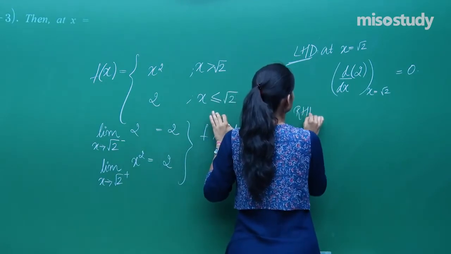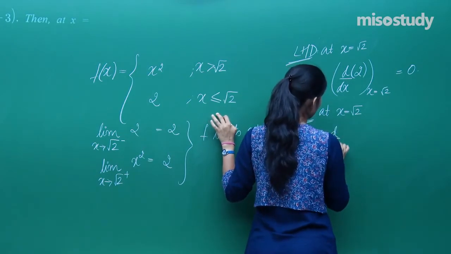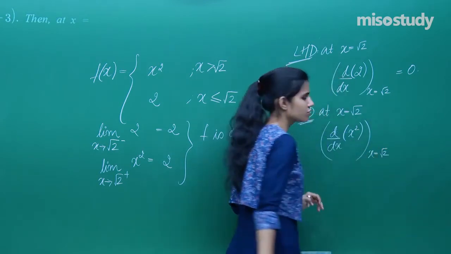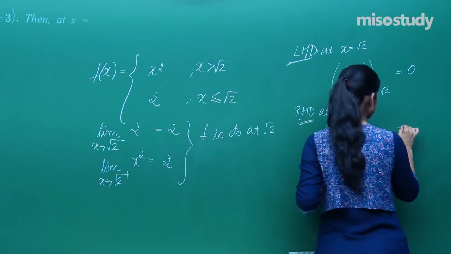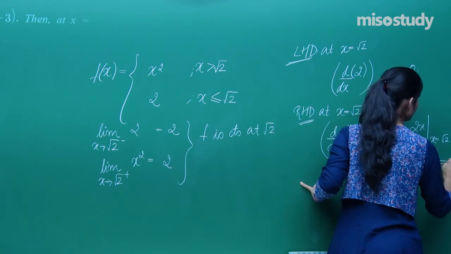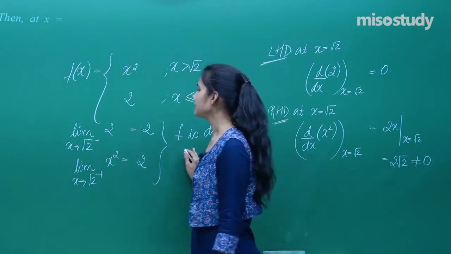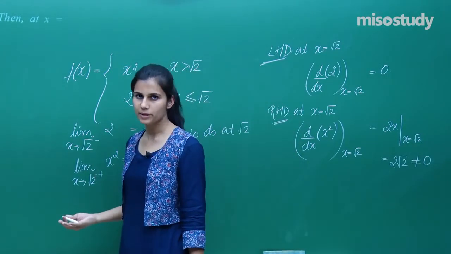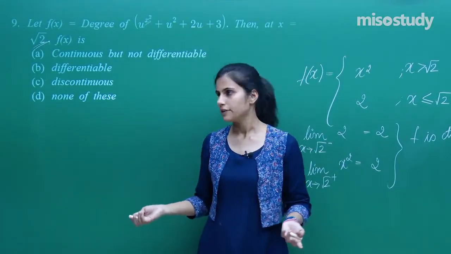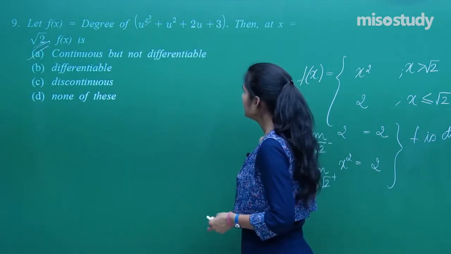And right hand derivative at x equals root 2 is d by dx of x square at x equals root 2. d by dx of x square is 2x, and 2x at x equals root 2 gives you 2 root 2, which is clearly not equal to the left hand derivative, that is 0. So the function is continuous at x equals root 2 but not differentiable at x equals root 2. So this function basically is continuous at every real number but not differentiable at every real number. So it is continuous but it is not differentiable. Clear? Next, let's see what we have.